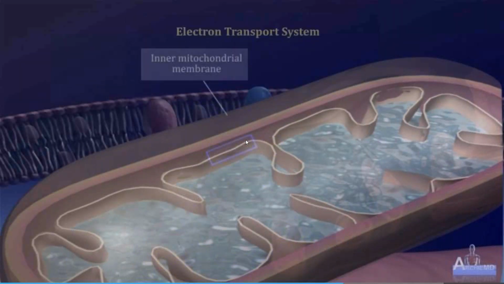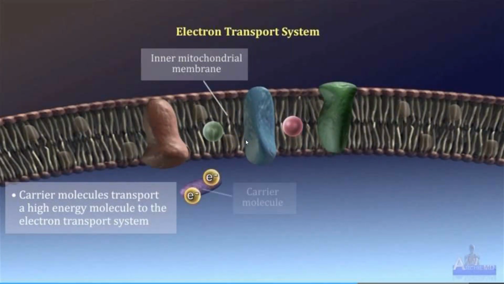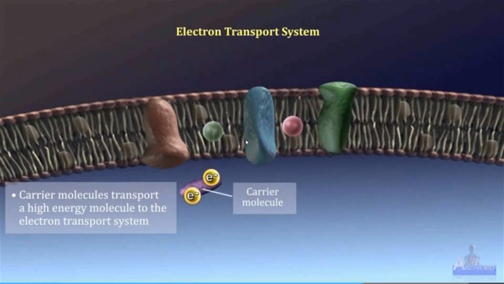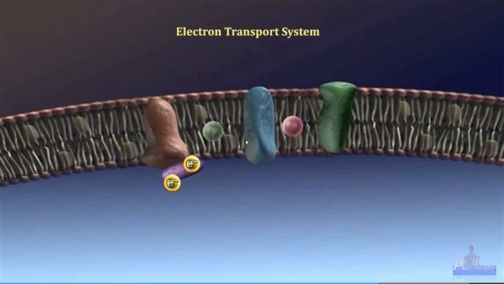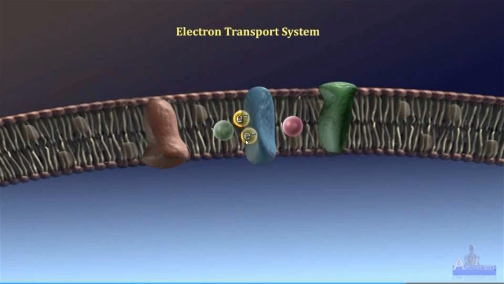Electron transport. Carrier molecules transport the high-energy molecules to the electron transport system, which is a series of molecules along the inner mitochondrial membrane. In a chain-like structure, they transport electrons that have originated from glycolysis and the citric acid cycle from one molecule to the next.